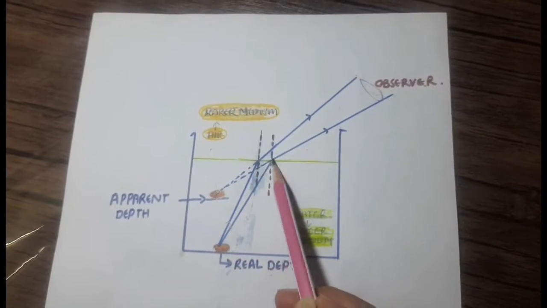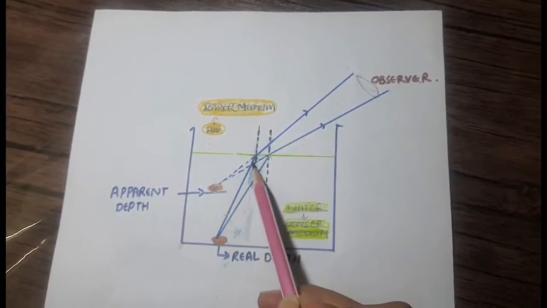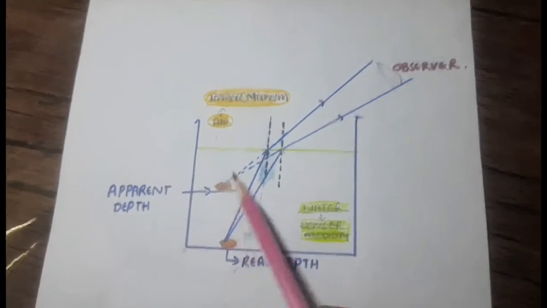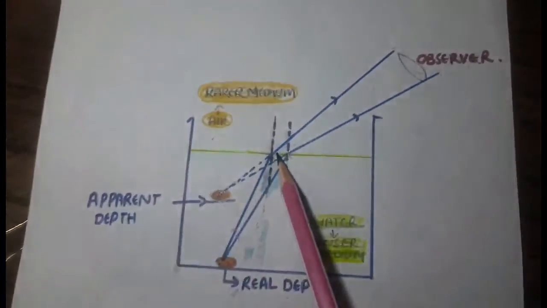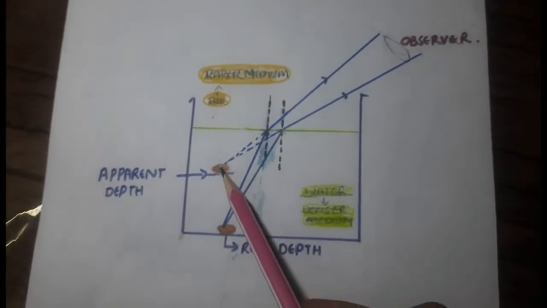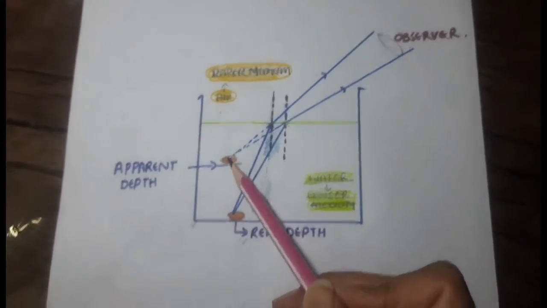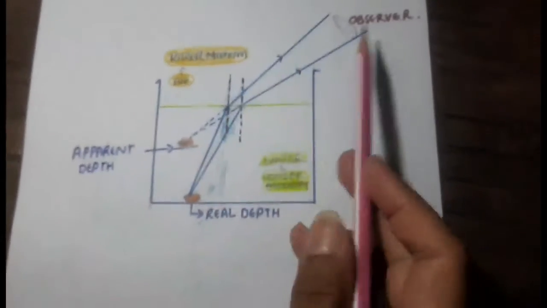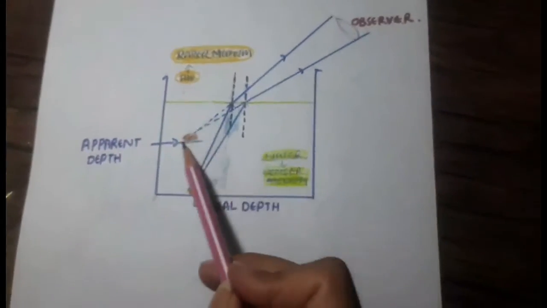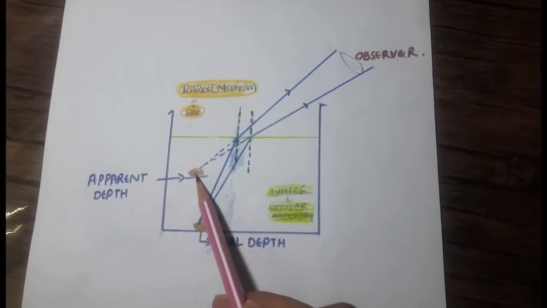Now when these rays of light are produced back, they intersect at this point, and at the point where these rays intersect, the raised image of the coin is visible to the observer. This position is not the real position.